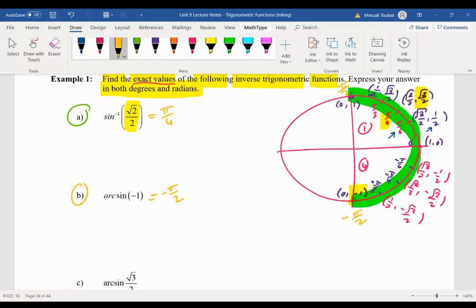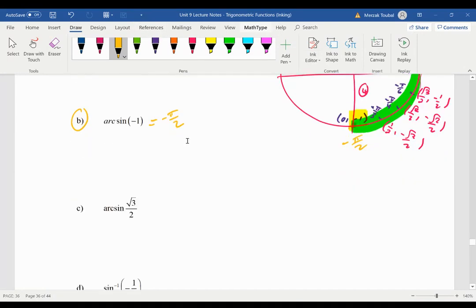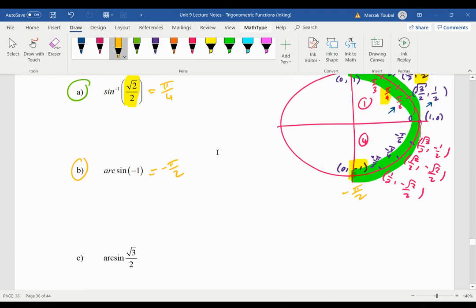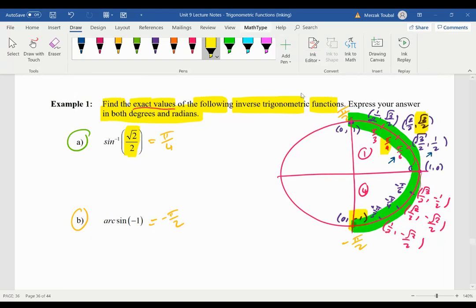So if you pretty much have these values set on the unit circle, quadrant 1 and 4, then no problem. Then you can just find the angle that corresponds to that value. What is arcsine of root 3 over 2? So let's find root 3 over 2. Here's root 3 over 2.